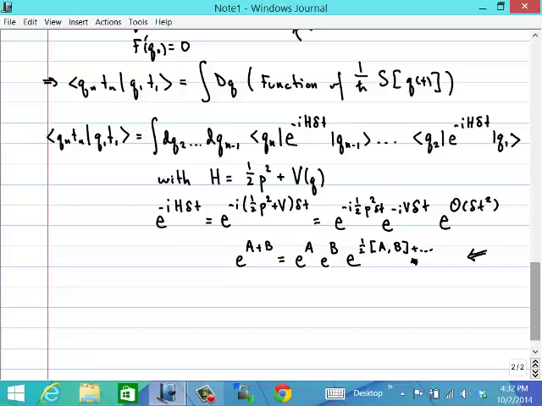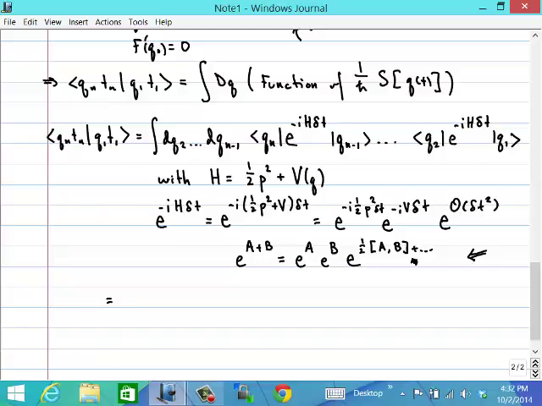Trick number two is, in addition to inserting this large number n of intermediate position eigenstates, I'm going to also insert an infinite number of momentum eigenstates.